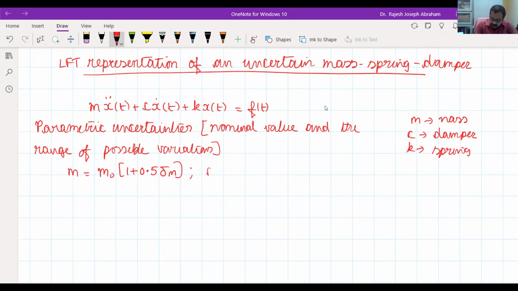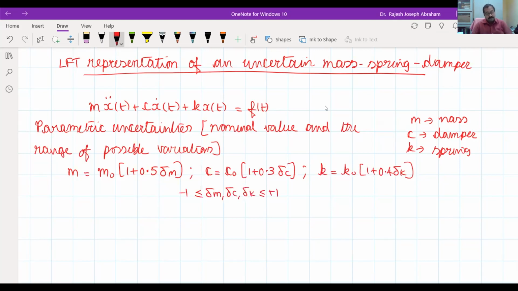Similarly, in the damper, there is a 30% variation, so 1 plus 0.3 delta C. And in the spring K, it has a nominal value K naught, and there's a variation of 40% delta K. Keep in mind, my delta M, delta C, and delta K can take any values between -1 and +1.